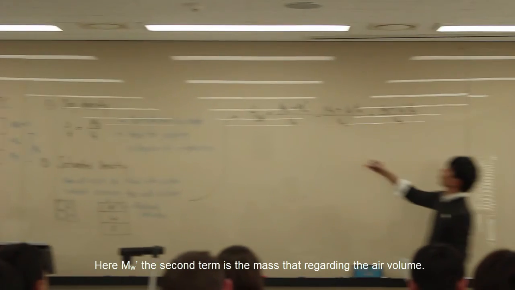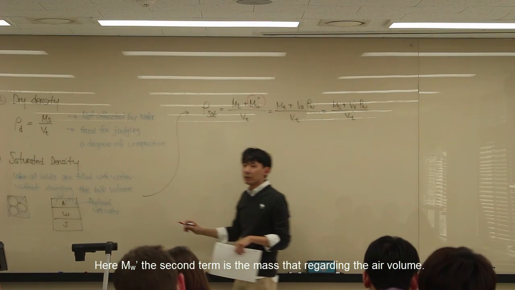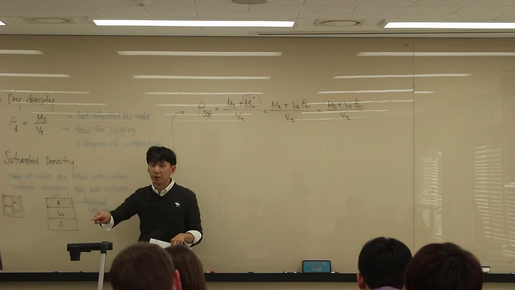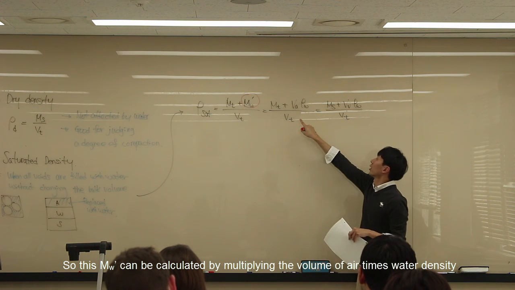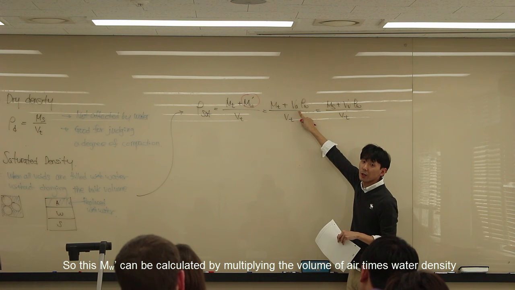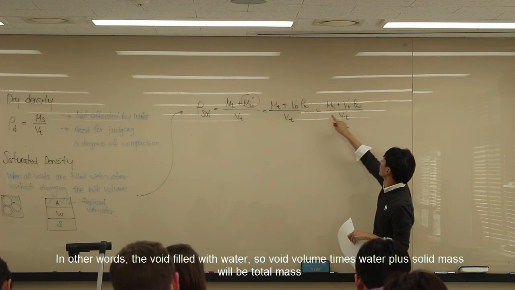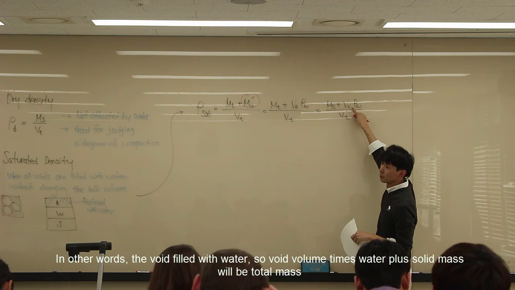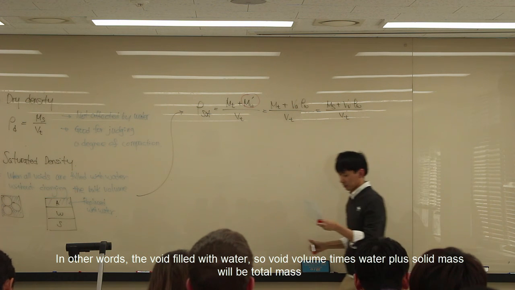Here the M_W prime, the second term, is the mass that's filling the air void. So this M_W prime can be calculated by multiplying the volume of air times water density. In other words, the voids are all filled with water, so the void volume times water density plus the soil mass will be the total mass.